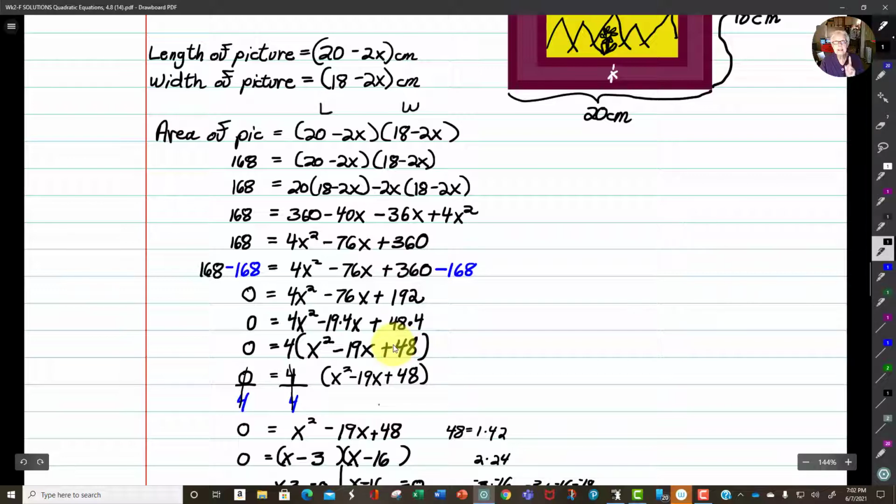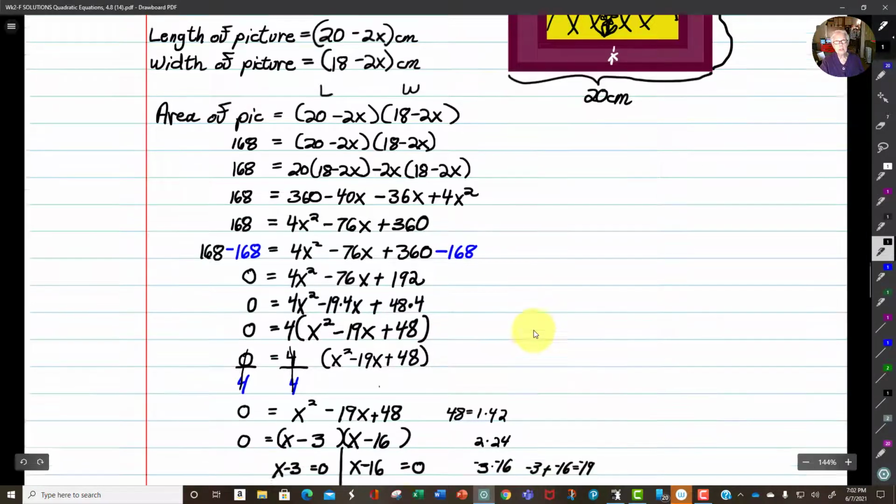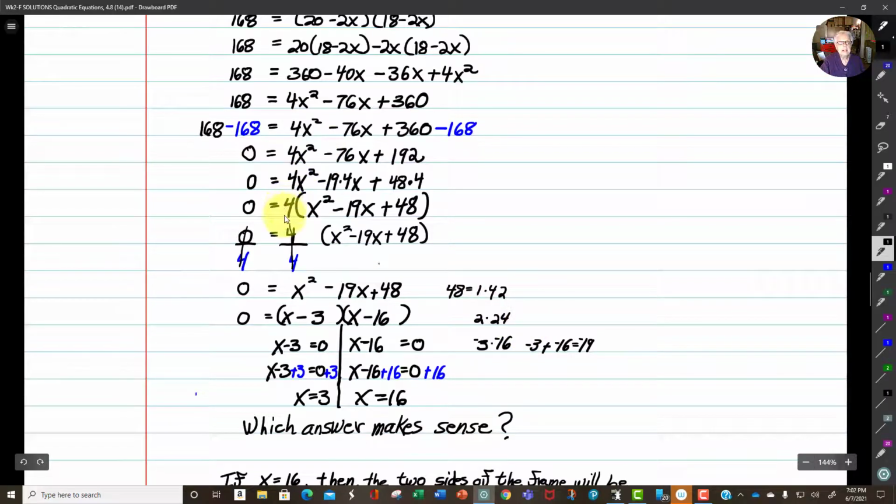Then, because this is an equation, only because it's an equation, I can divide out the 4. I divide both sides by 4. That cancels out the 4, and I'm left with just the leftovers, x squared minus 19x plus 48. Now 48 equals negative 3 times negative 16, and negative 3 plus negative 16 is negative 19, which is the coefficient of the linear term.